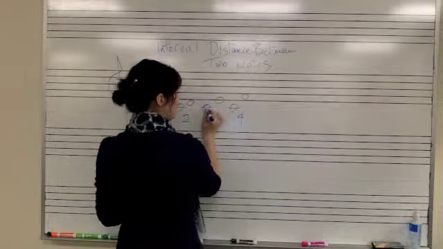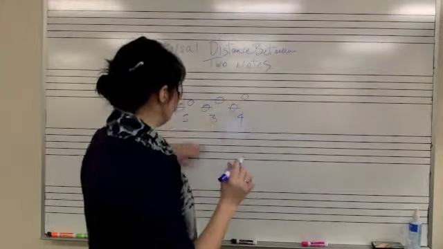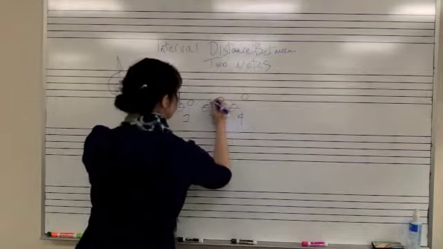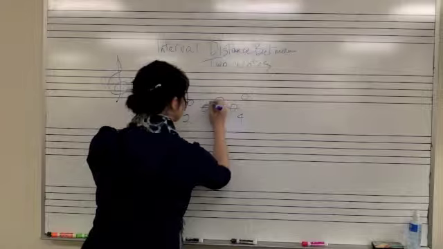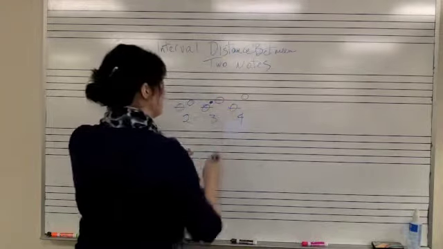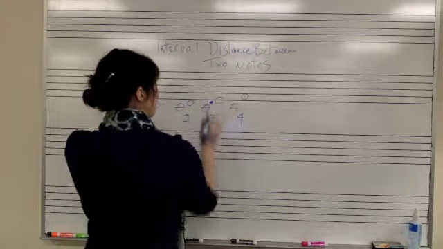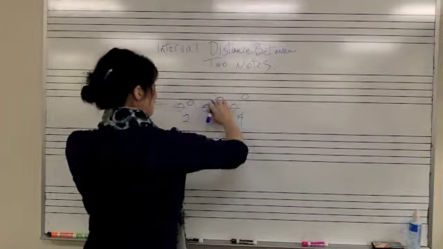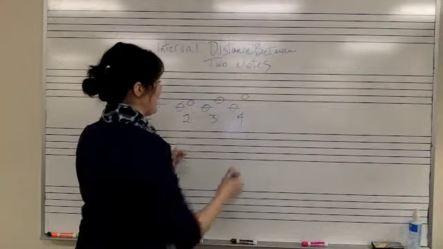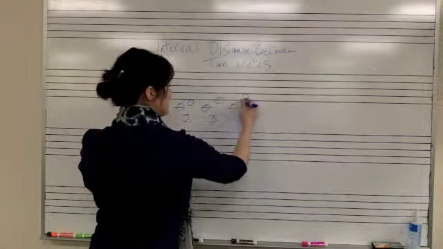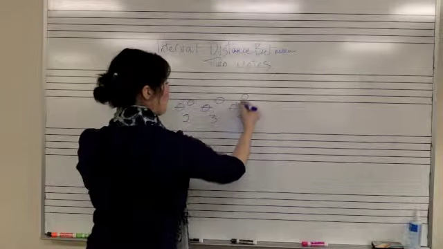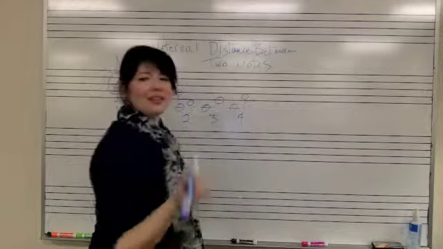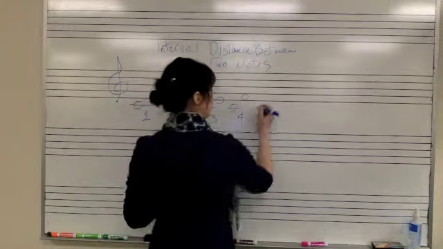In the case of C and E, it goes C, and then we could have an imaginary D right here, and then the E. So 1, 2, 3. Same with this next one. We have C, D, E, F, so a space of 4. 1, 2, 3, 4. Pretty straightforward.